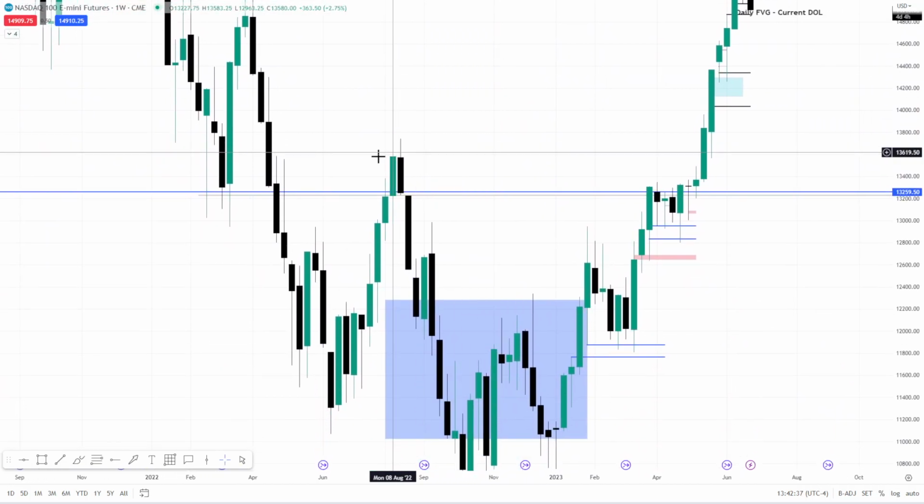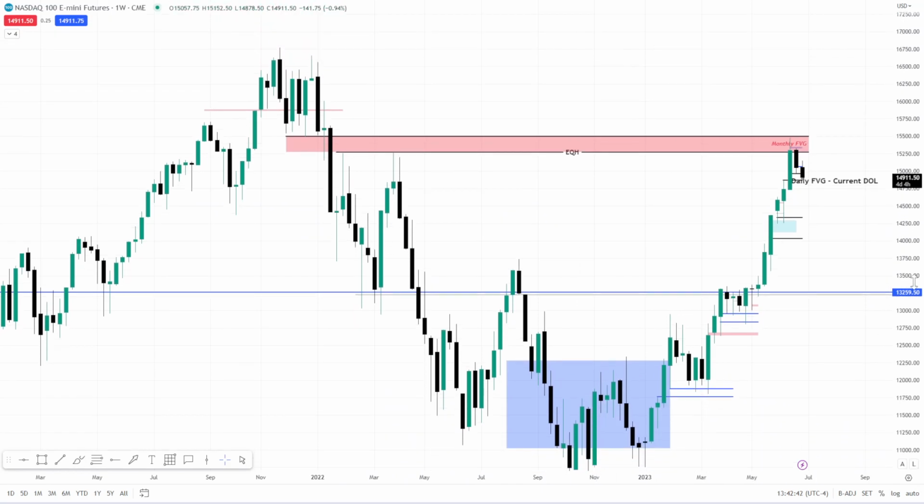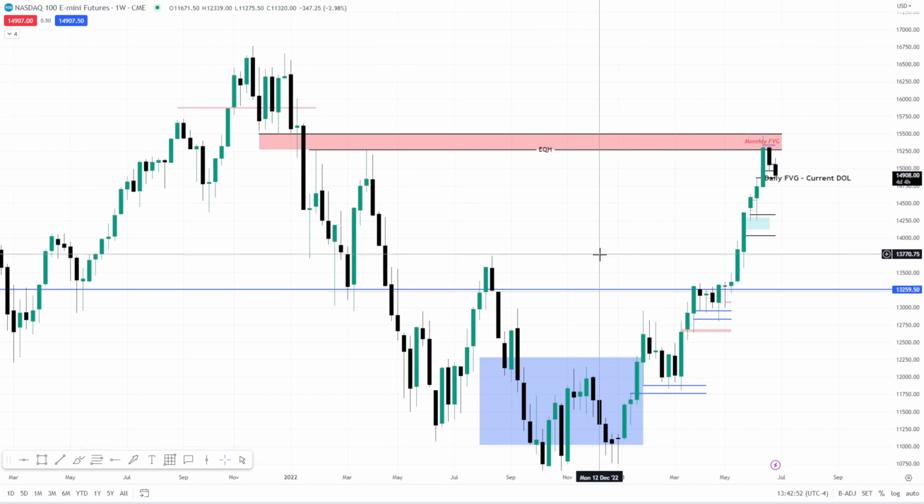So that's what I mean when you're looking at price action: look on different time frames at how price actually moves when it's rejecting something, showing a true rejection from an area.